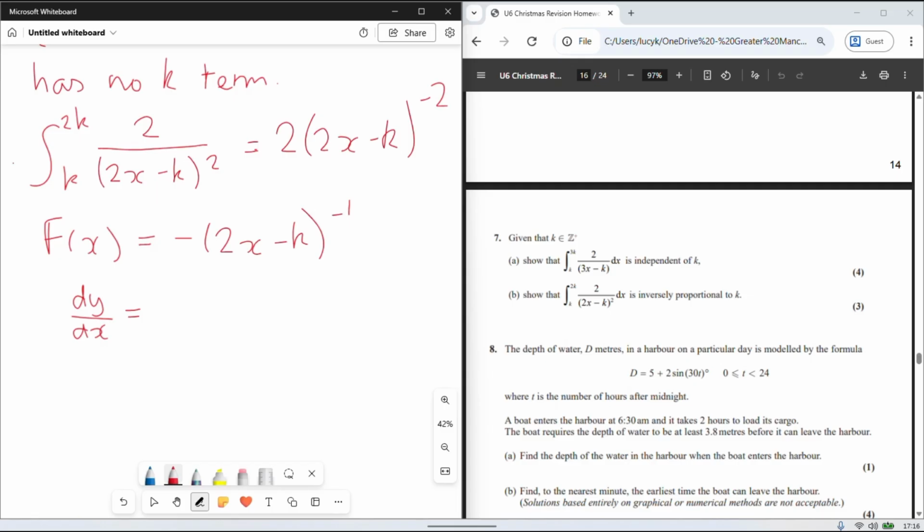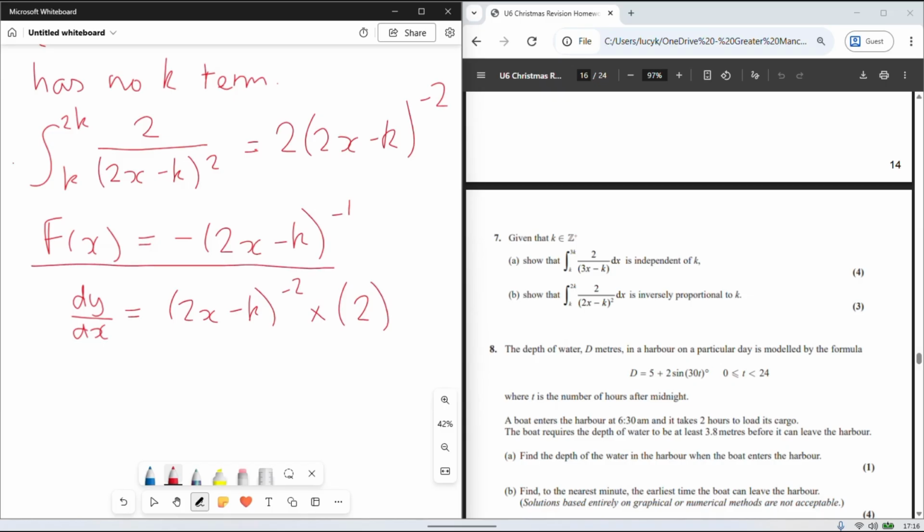We bring the power down to make it positive and then reduce it by 1. So that goes 2x minus k to the power of minus 2, and then multiply that by the inside bracket differentiated, so that will give me a 2. Does that get me what I started with? Yes, it does. I'm happy with that. So that is it integrated.